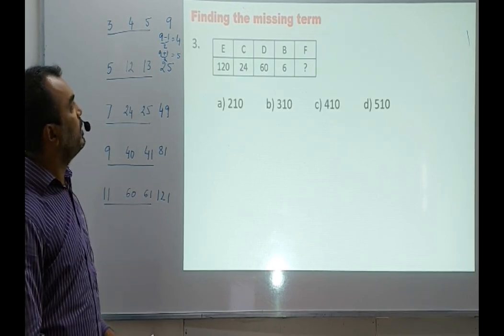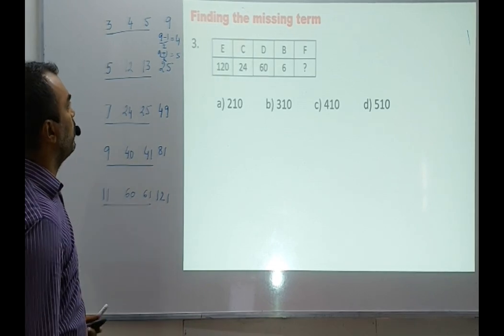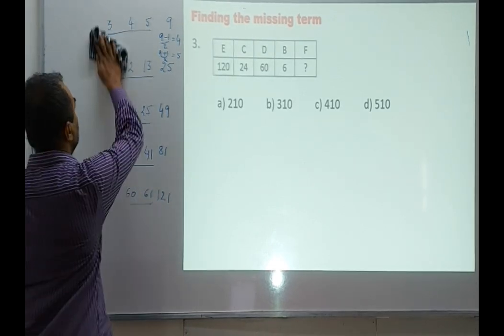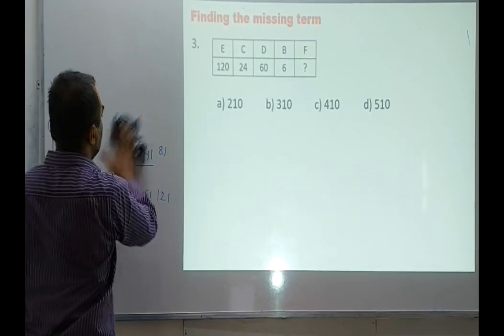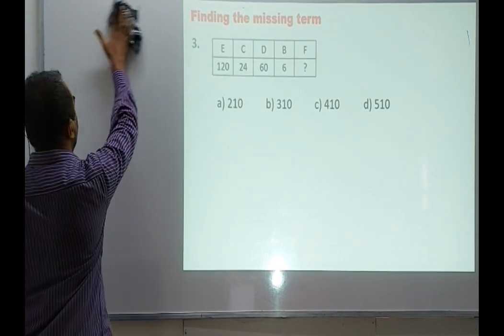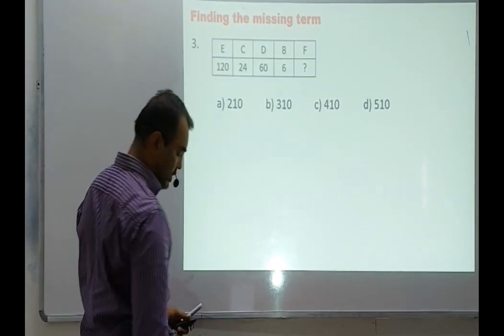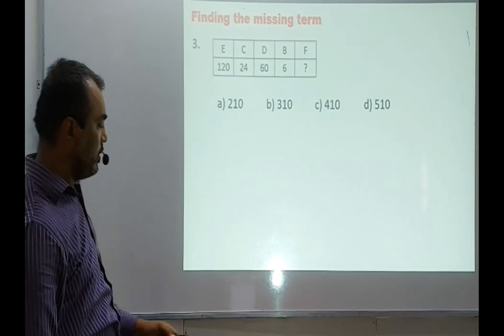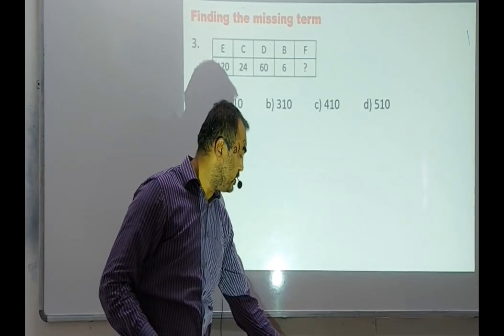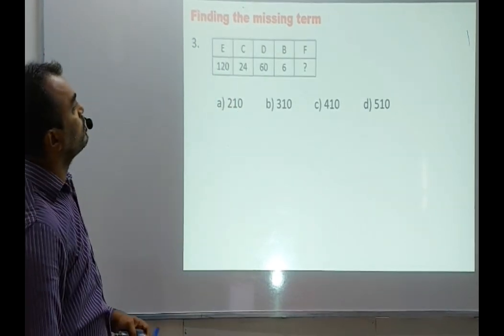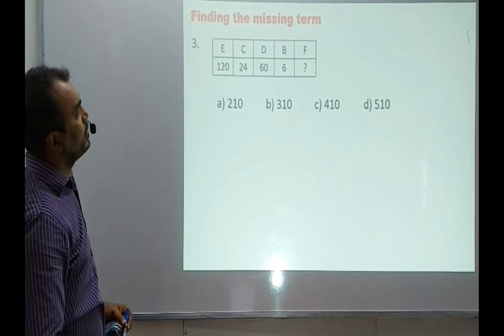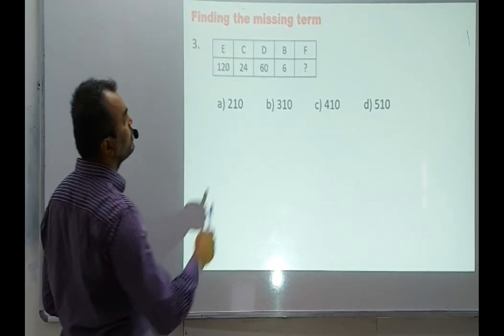Okay. Now here again we have letters and numbers. Can you see any pattern again? So this is the work we are going to do today. Find the pattern. So what pattern can you see? Order is not there, let us check the order.